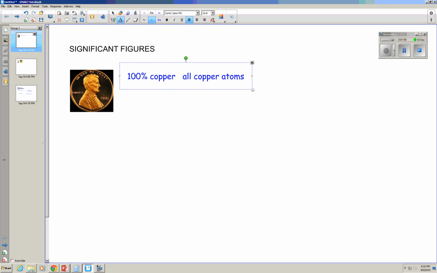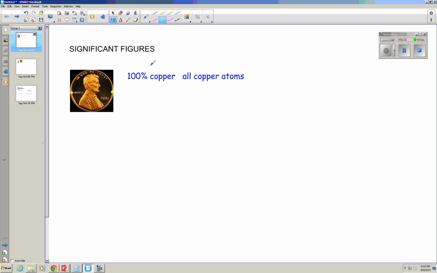And that brings up an interesting point. If I knew how many copper atoms were from one side of a penny to the other, could I come up with the exact length of this penny? Theoretically, sure.